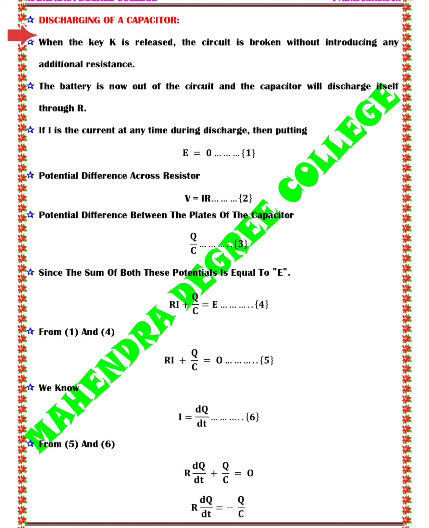When the key K is released, the circuit is broken without introducing any additional resistance. This implies that the circuit becomes open and no current flows through it anymore.